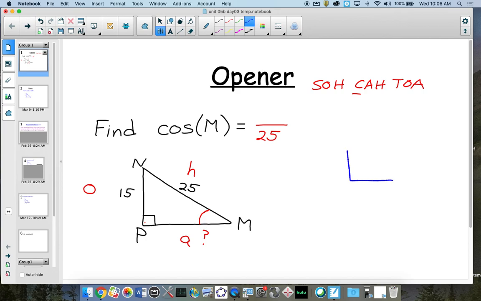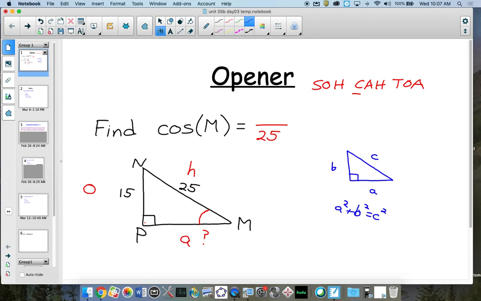And we've done this several times in a right triangle. If you know two of the three sides, we can use the Pythagorean theorem. Let's say I call this side A and this side B and this side C, we know that A squared plus B squared equals C squared.